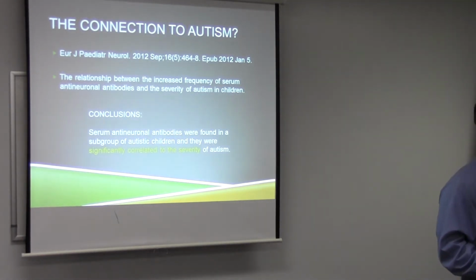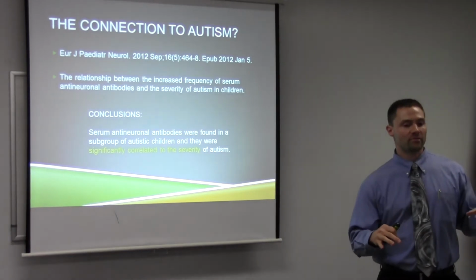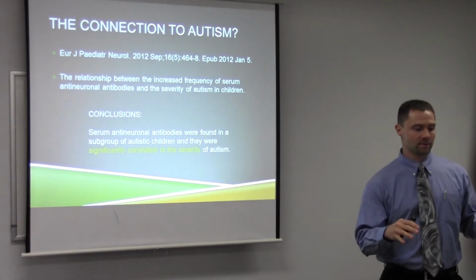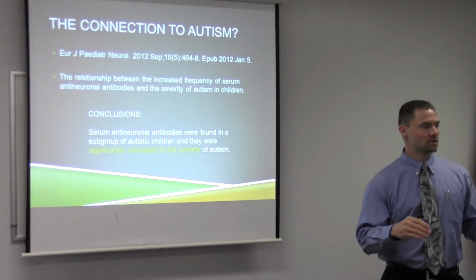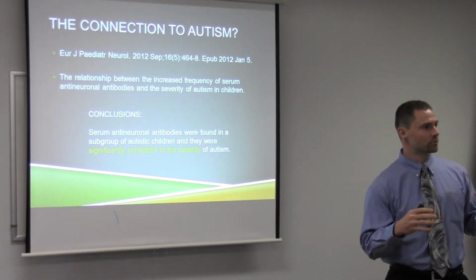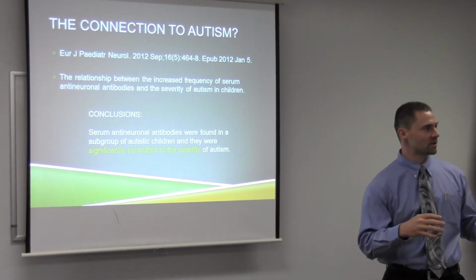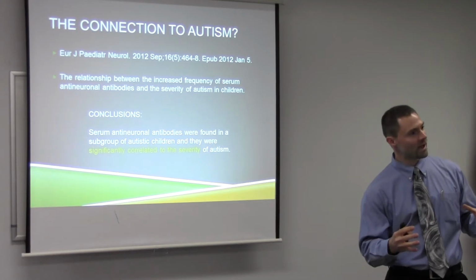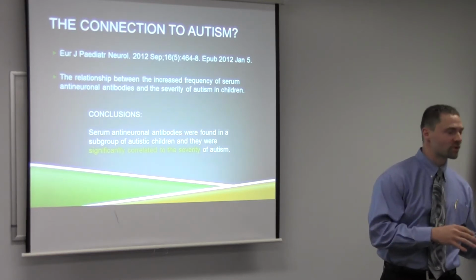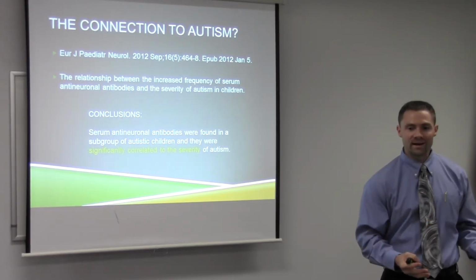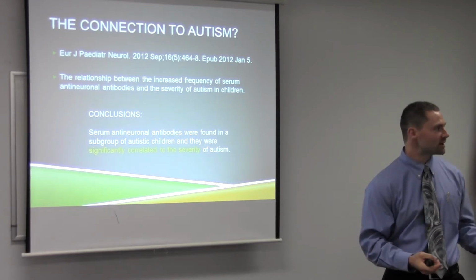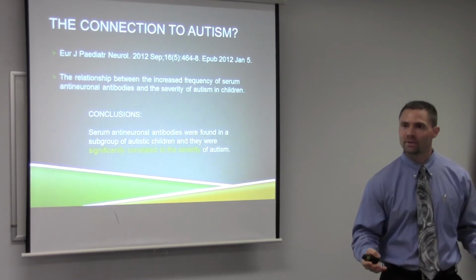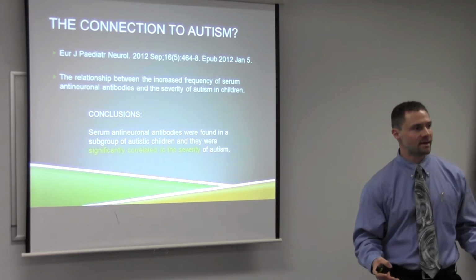Right? Those of you that have been around autistic kids, do you notice that they go through periods of exacerbations and then not quite so bad, and then it gets worse, and then it's not so bad, and you're like, well, what did I give them? What changed? What did I do different in their environment? I mean, everything is exactly the same.